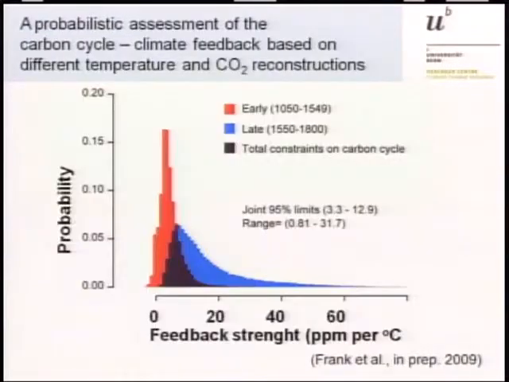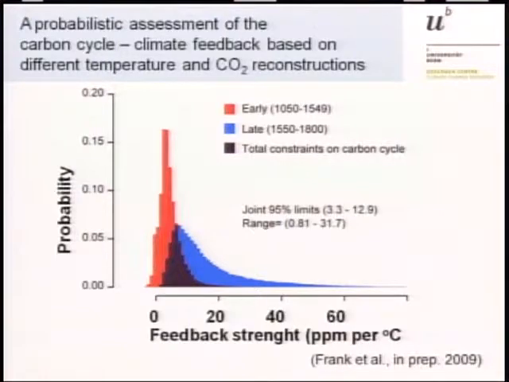And with this probabilistic approach, we come up with this figure here. You see three colors, a red one and a blue one, and then also the combined black color. The red color is for all the estimates that were taken during the early part of the millennium, so we have very small to medium strength feedbacks.